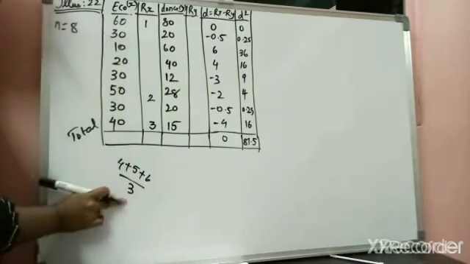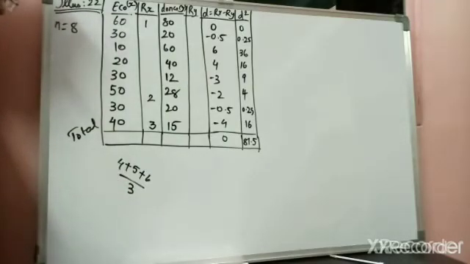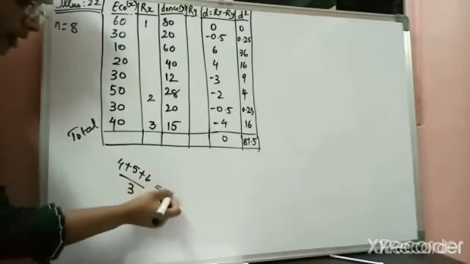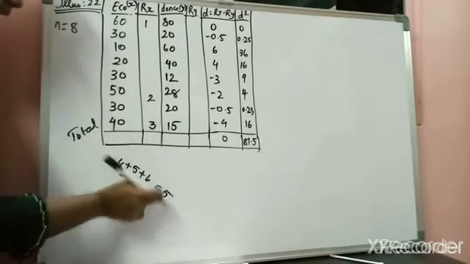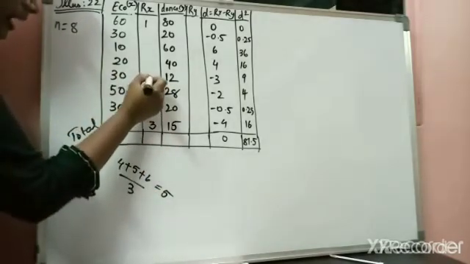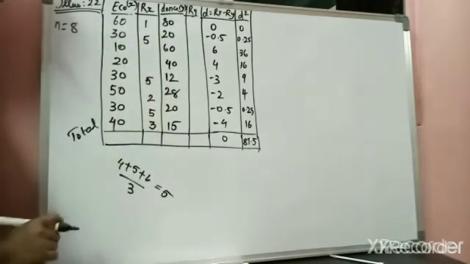Why 3? Because it is repeating thrice. Okay, so 4 plus 5 plus 6 divide by 3, it would be number 5. So you have to assign rank 5 for number 30. So here it is 5, here also 5 and here also 5.